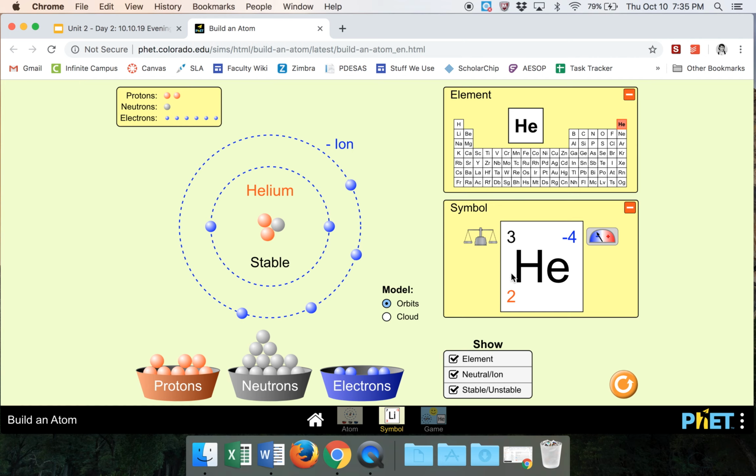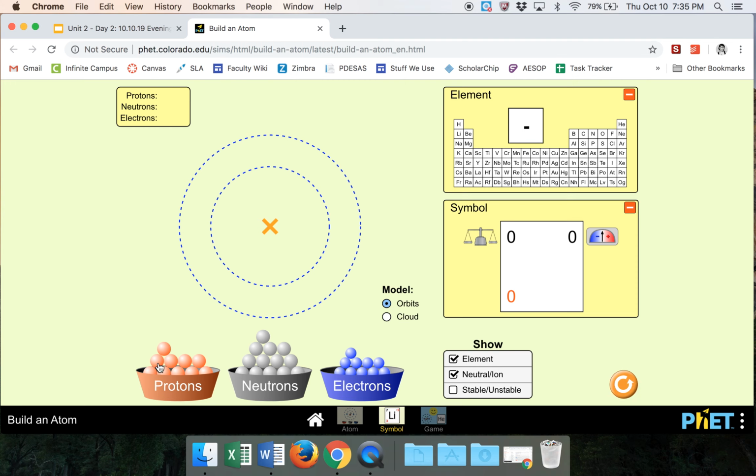This isn't changing and this isn't changing at all, but this is. So I can conclude that electrons make an element more negative. It changes the charge. It doesn't change anything else, it just changes the charge. Okay, I'm going to reset this, add a proton.